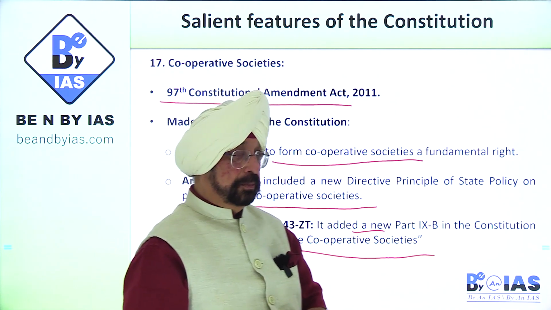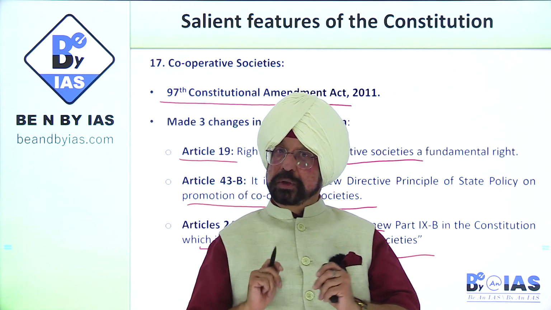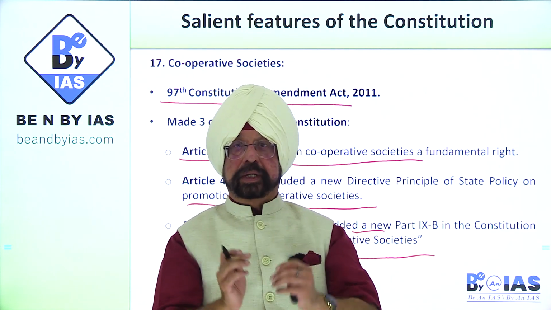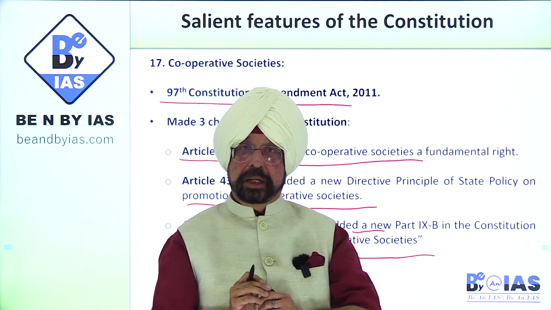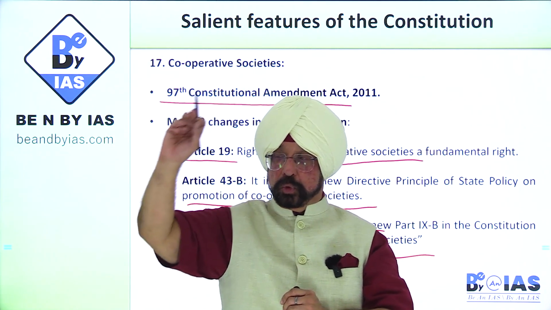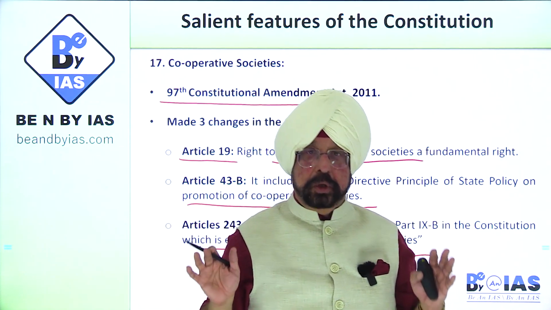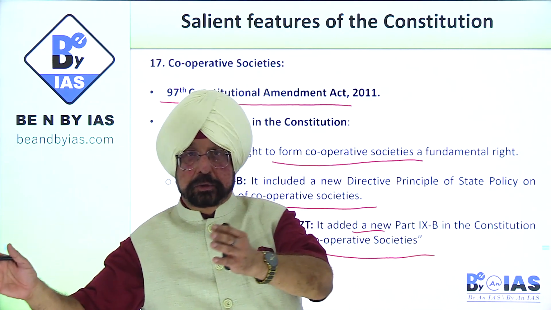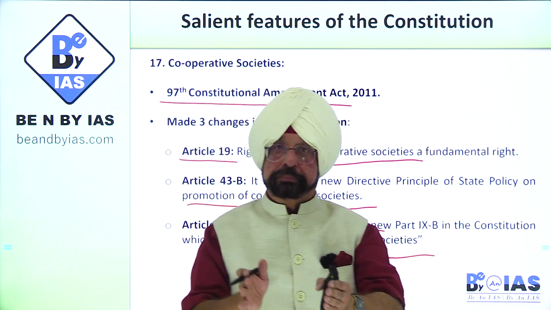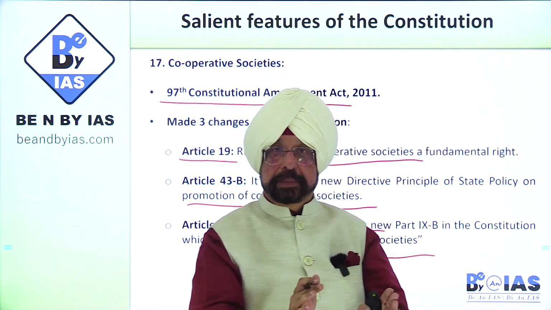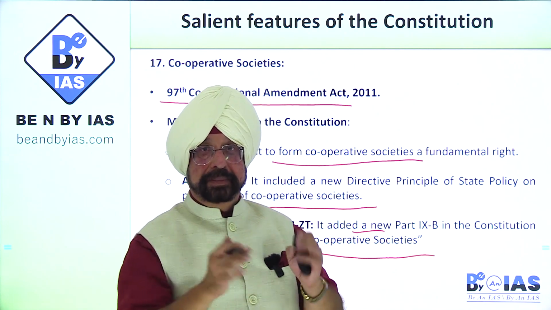That's the headquarters of Amul also. How it started? They formed a cooperative society where the members used to produce milk. They were the producers. They had the milch animals and they used to produce the milk.